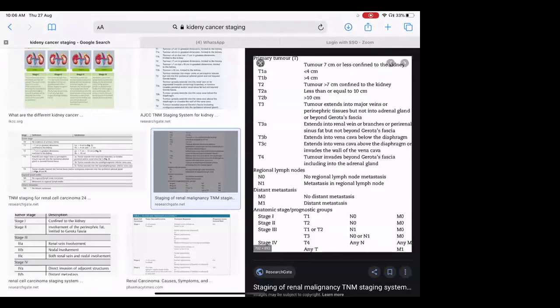The way you count T1 in breast cancer is different from the way you count T1 in a kidney cancer, in a bone cancer, in a stomach cancer, in a pancreas cancer, in a lung cancer, everything. Which is why each cancer has its own TNM stage, and why that big book is very big, because every single possible organ comes with its own cancers and TNM staging. There's no one size fits all.